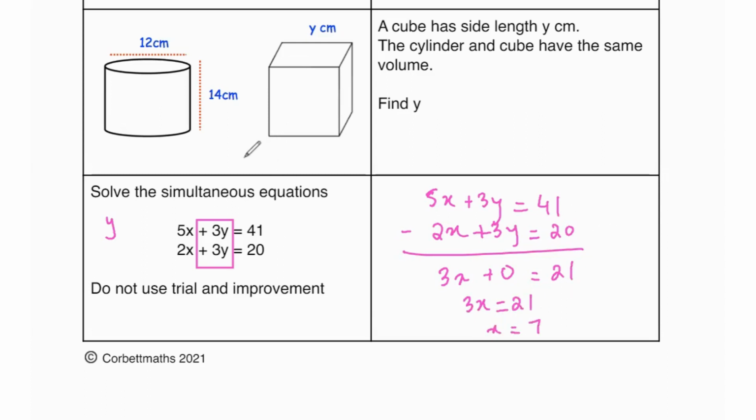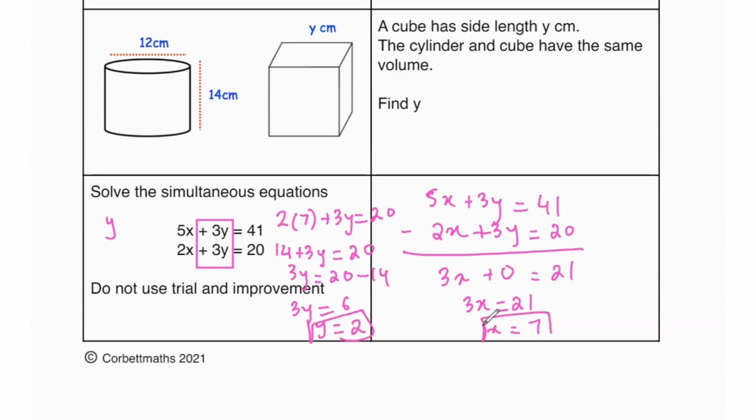To find the value of y, we can put x equals 7 in either of the equations. I'm going to pick the second one because that's going to be easier to solve. So 2 times 7 plus 3y equals 20. That's 14 plus 3y equals 20. 3y equals 20 minus 14, and that is 6. So y equals 2. So y is 2 when x is 7.